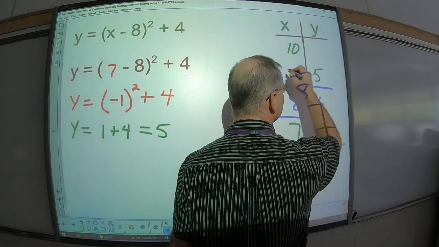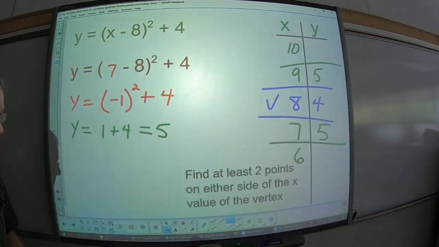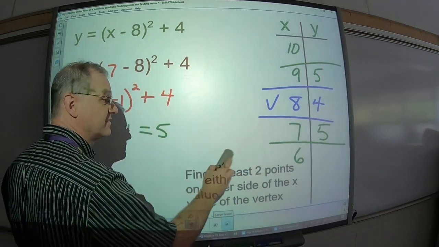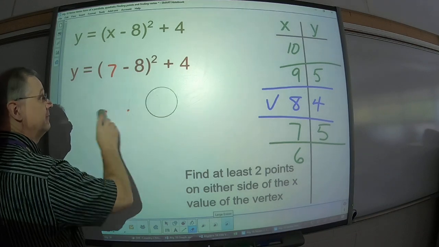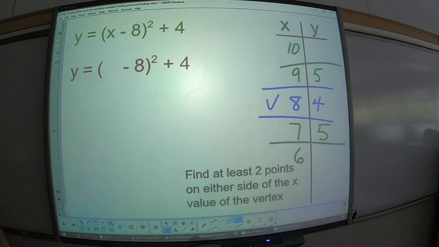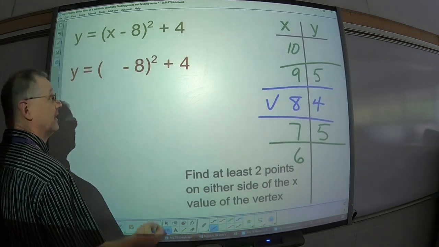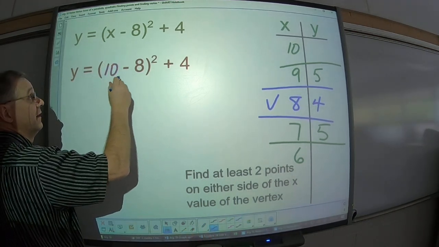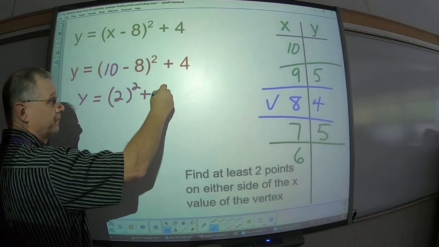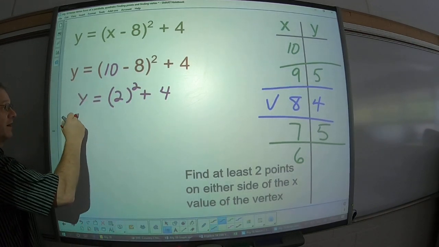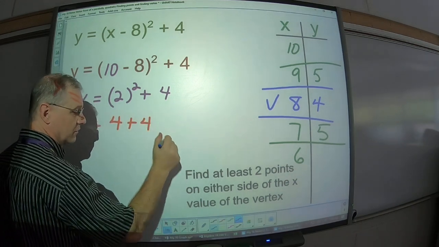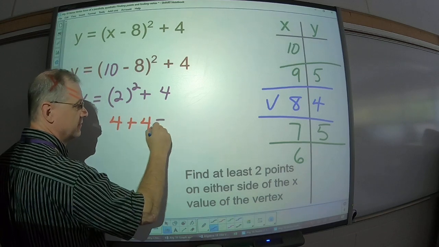So once you can see that that works, you should notice that 10 and 6 should have the same result. We're going to test it just to be sure. 10 minus 8, 2. 2 squared is 4, and 4 plus 4 is 8.